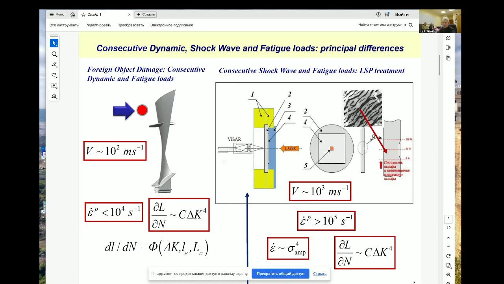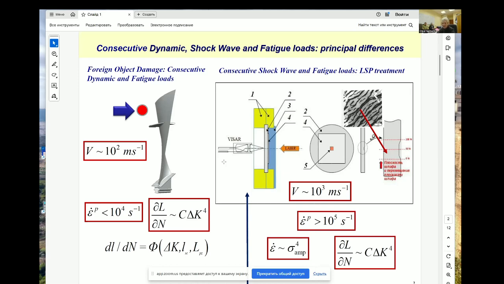First of all, I would like to attract your attention to the principal differences between dynamic and shock wave loading. For instance, dynamic loading is consecutive loading, and dynamic and fatigue loading is very important concerning a very sharp problem, so-called foreign object damage.